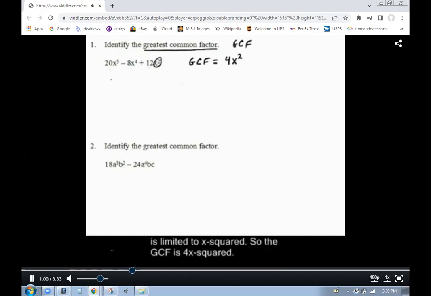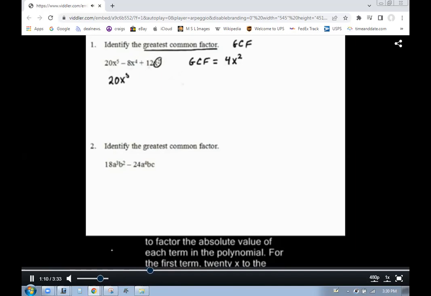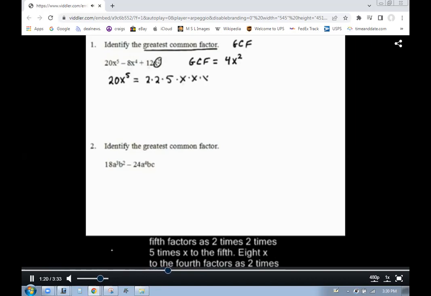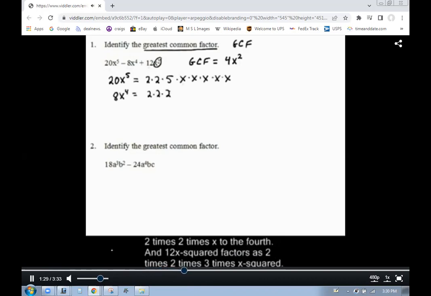Now if that doesn't make sense to you, I can go through a more detailed explanation. I'm going to factor the absolute value of each term in the polynomial. For the first term, 20x to the fifth factors as 2 times 2 times 5 times x to the fifth. 8x to the fourth factors as 2 times 2 times 2 times x to the fourth.